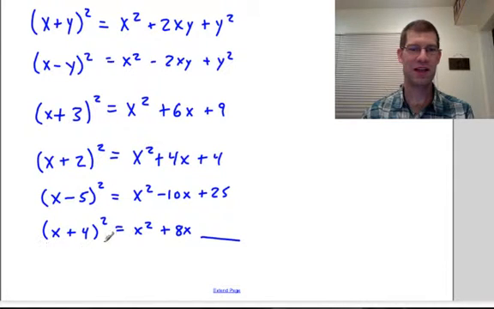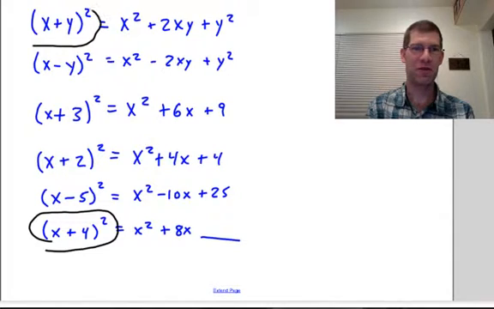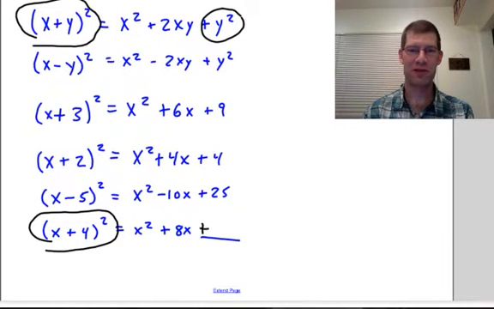So if you take this and compare it with our first part up here, the missing term, maybe I'll circle those in black, this here, and compare it to our binomial square theorem with the plus in the middle. Well, the missing part's going to be a plus y squared, and my y is just 4, so plus 16.